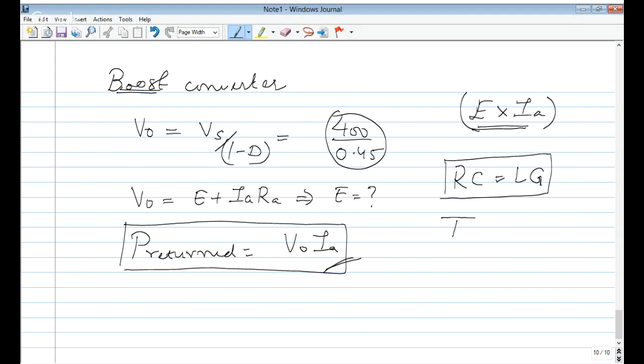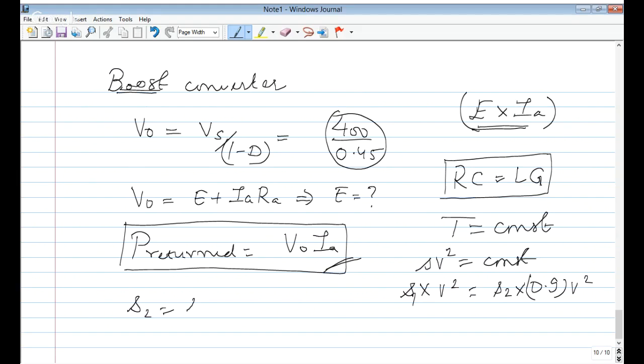If torque is constant, then S V square should be constant. Once we know that voltage is dropping to 90%, we can find out the slip. S1 into V square should be equal to S2 into (0.9 V) square. That is, S2 is equal to S1 upon 0.81.